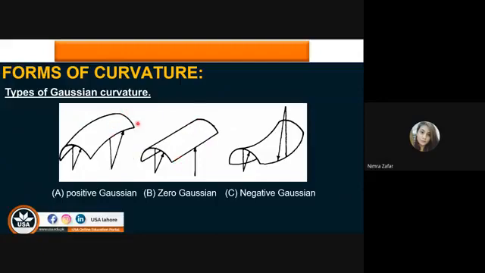Here we have a straight line and we have curvature here. But here we have curvature here as well, as this curvature is also extended. Then we have negative Gaussian, where we have this curvature upward and this curvature downward. This is bent downward.